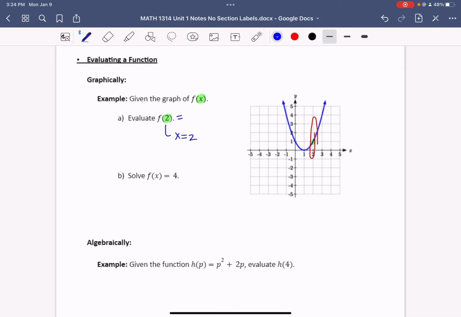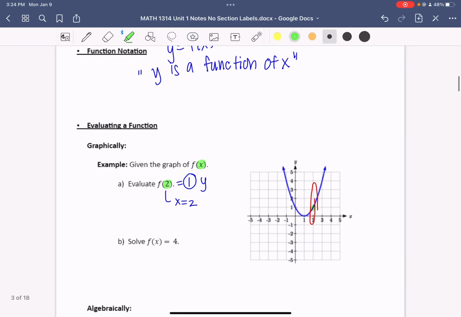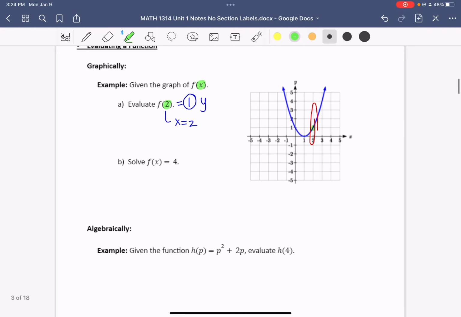So this would be equal to that corresponding y value, so 1. So f of 2 would be equal to 1. 1 is the y value that pairs with that. So you see how that was a shorthand to ask you to find what x equals 2 is on the curve.